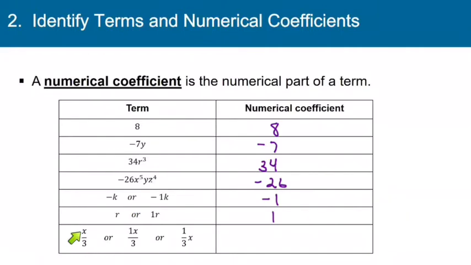Now remember that x divided by 3 could also be written as 1x divided by 3. So you can see here that the number that is multiplied by x is 1/3. And this term can also be written this way. 1/3 times x is the same as 1x divided by 3. And both of these are the same as x divided by 3. So no matter how the term is written, in this case the coefficient is 1/3.